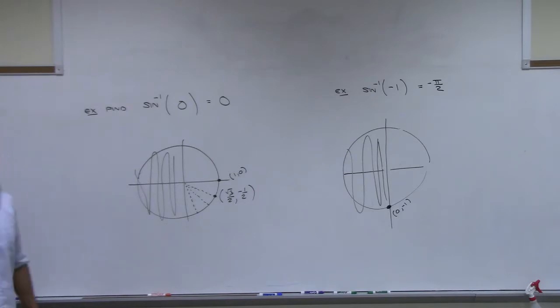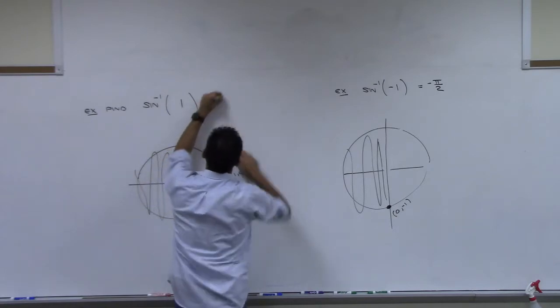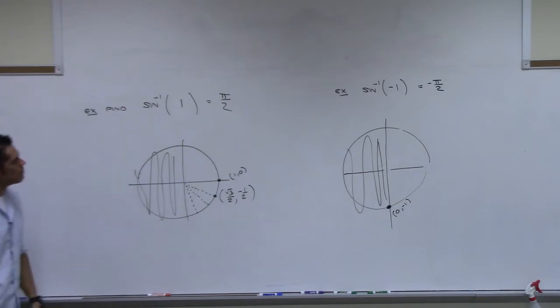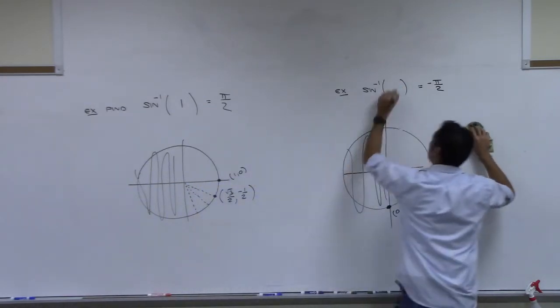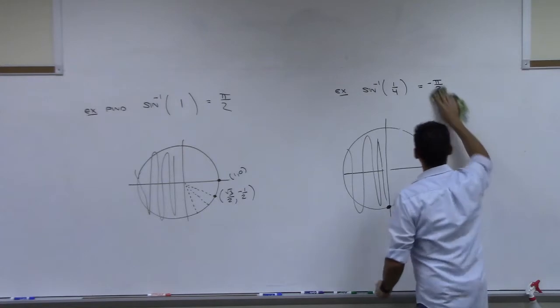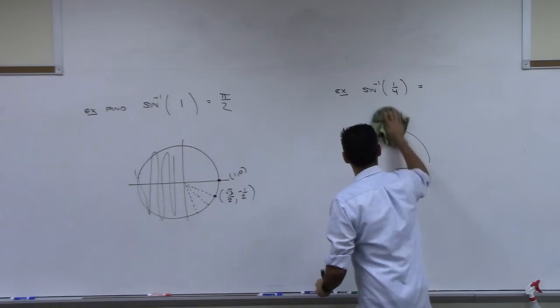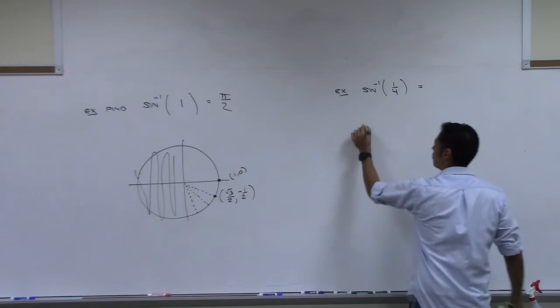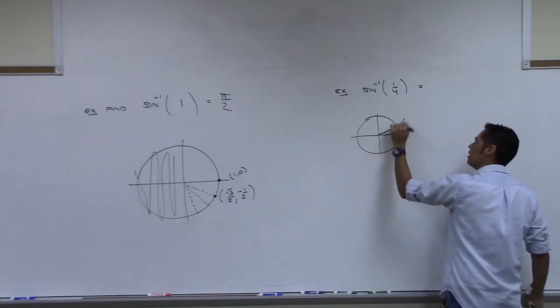What would arc sine of 1 be? Not negative 1, but arc sine of 1. Pi over 2, because you're straight up. One more. What's arc sine of 1/4? You should be scratching your head a little bit here, because you're trying to figure out where on the unit circle the y coordinate is 1/4.